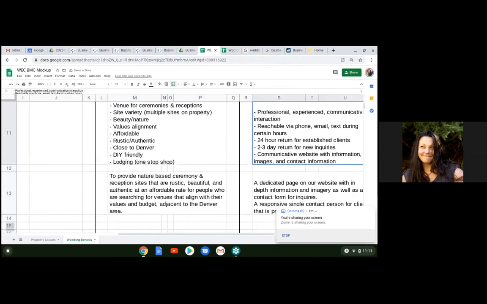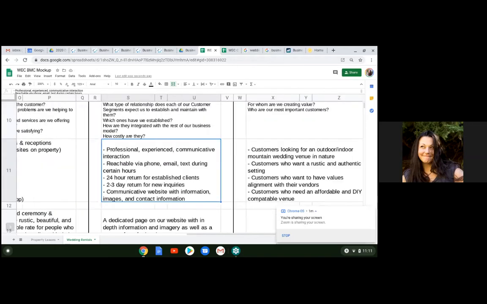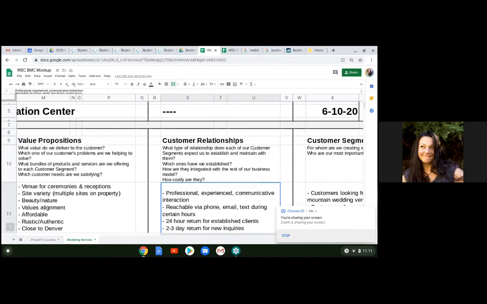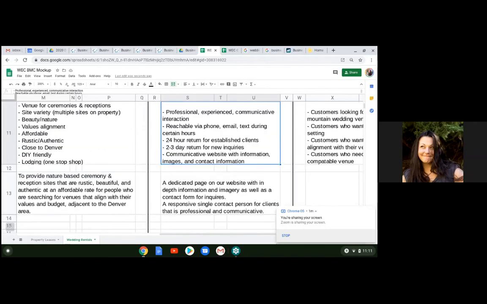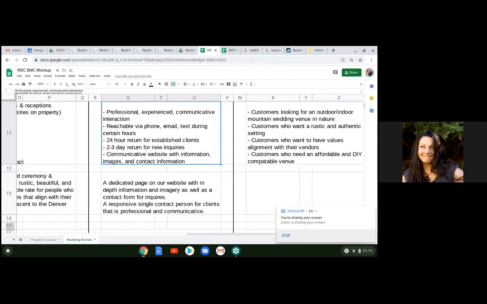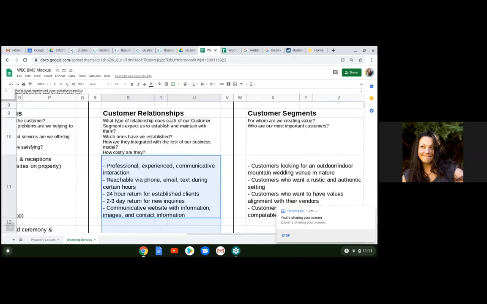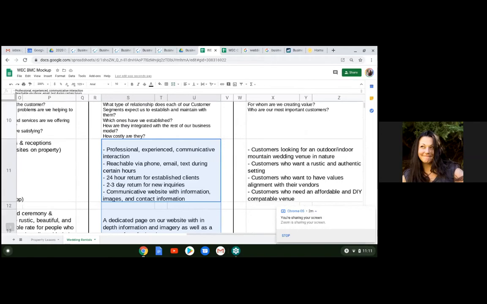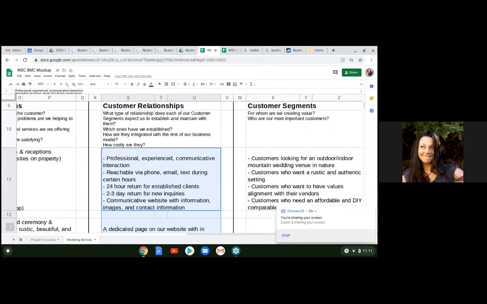So then I was able to look more at customer relationships. And I'm just not sure if I'm getting this quite right, but I think what this is looking for in customer relationships is what modalities we anticipate communicating with, like what do our customers need?